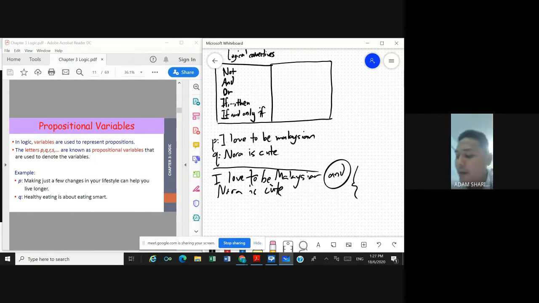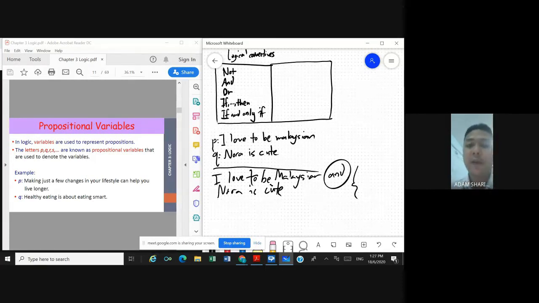Very easy. If I want to change this into notation of logic, I love to be Malaysian is P and Nora is cute is Q. So there are some symbols. Forgive my handwriting. I'm trying my best to write as clear as I can. Note, the symbol is this.